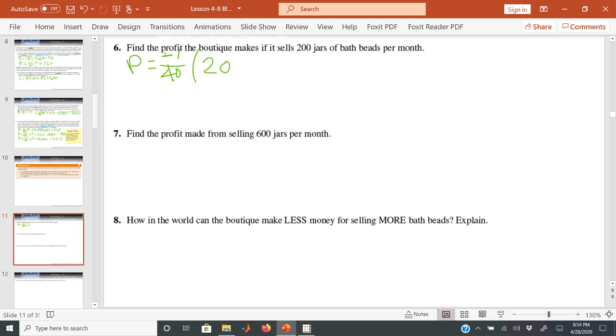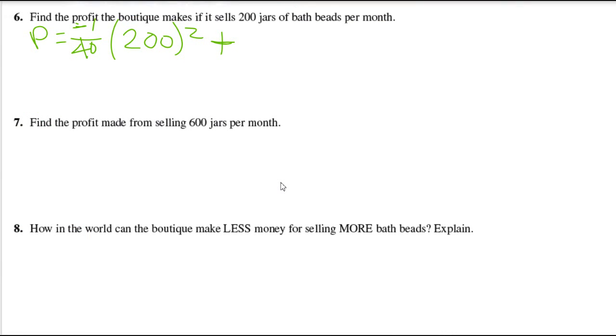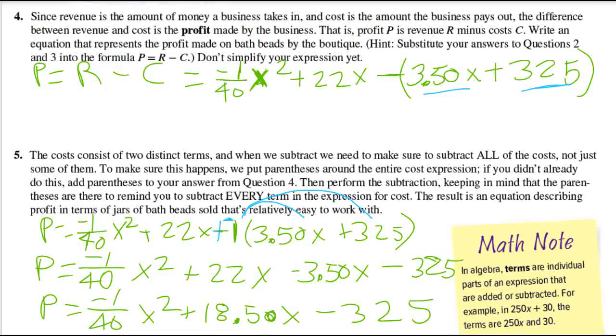We're going to sell 200 jars, so 200 squared plus 18.5 times 200 minus 325.